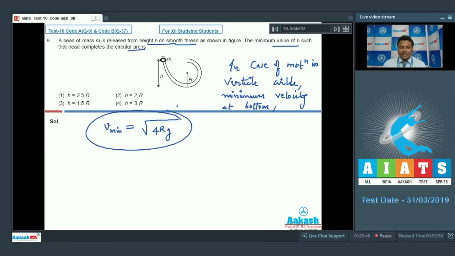So this velocity must be at the bottom in order to complete the circular arc.